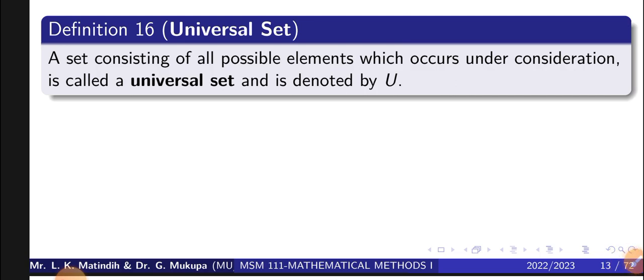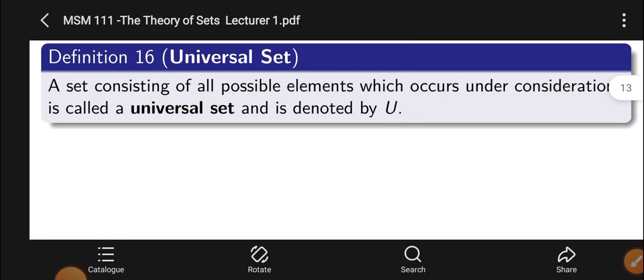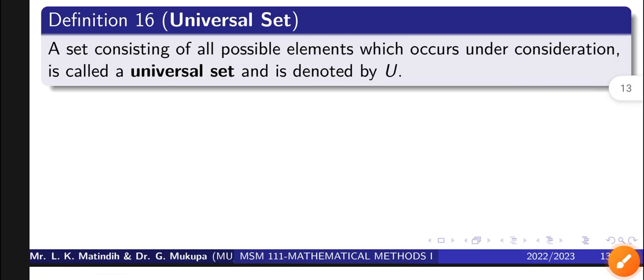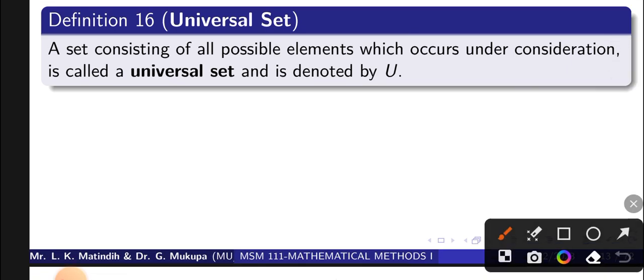Let's say set A, so a universal set is a set of sets.